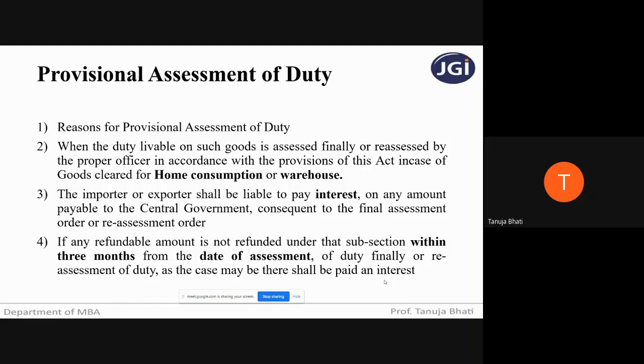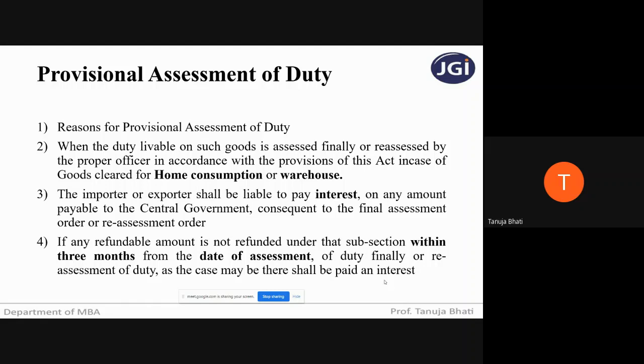Suppose, continuing the same example, the provisional duty assessed is 20,000, and the importer-exporter has paid 25,000. So the importer-exporter self-assessed and has paid an extra 5,000, correct? So he should get a refund of that 5,000.